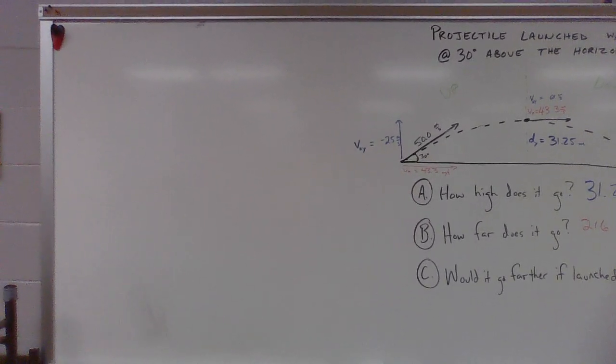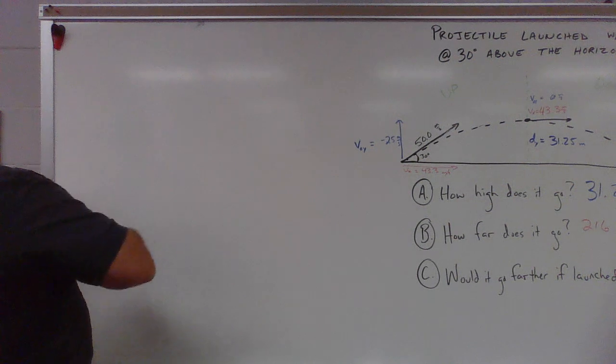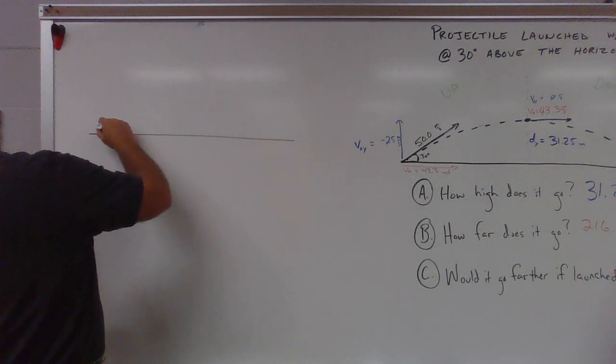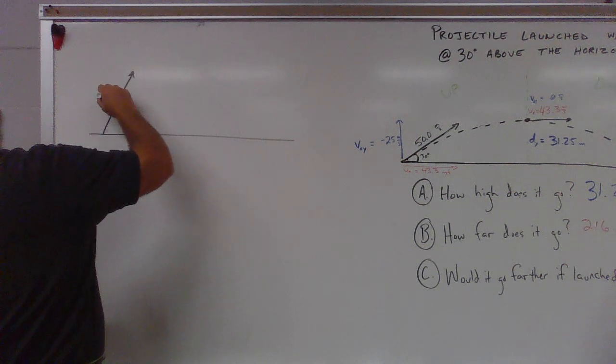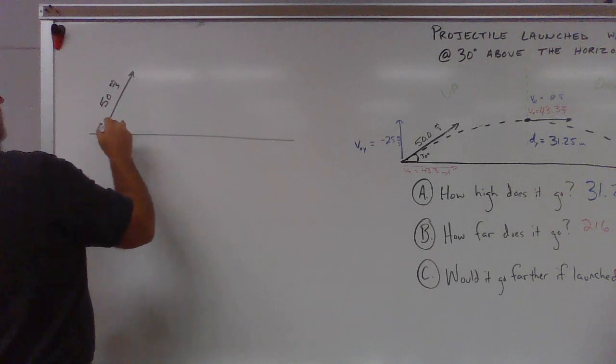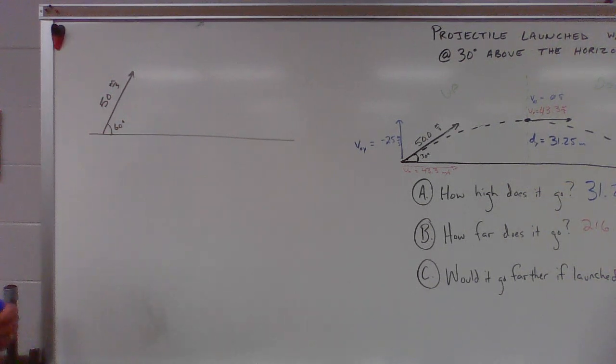So the new scenario looks like this. Same projectile, launched at 50 meters per second, this time at a higher angle, 60 degrees above the horizontal.